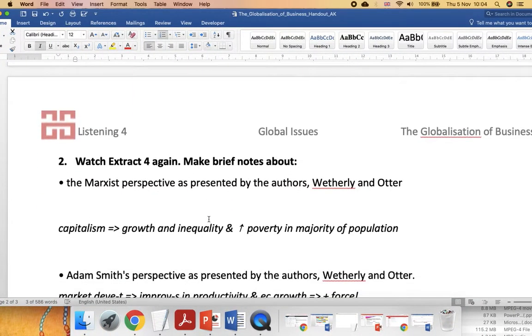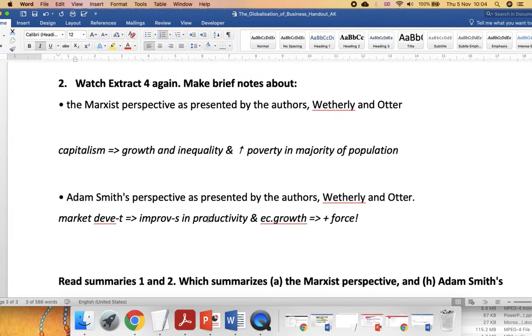So what have you got? What I've got is this: Karl Marx thought that capitalism leads to growth, but it also leads to inequality, an increase in poverty in the majority of the population. While Adam Smith said that market development leads to improvements in productivity and economical growth, and in general, this is a positive force.